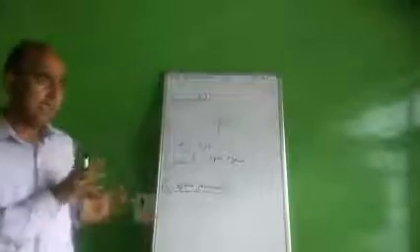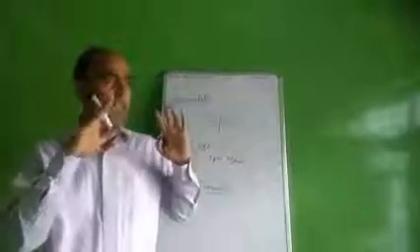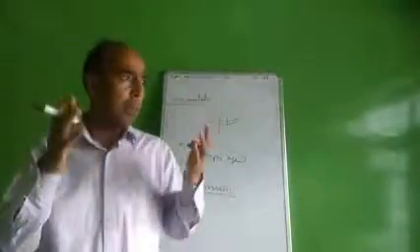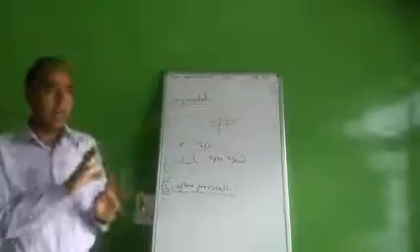Spores are produced by bacteria. I will repeat this spore formation. A spore is a reproductive cell capable of developing into a new individual without fusion with another reproductive cell.